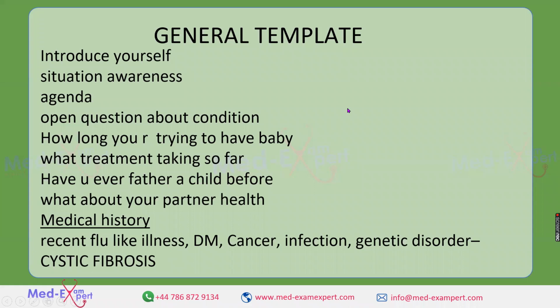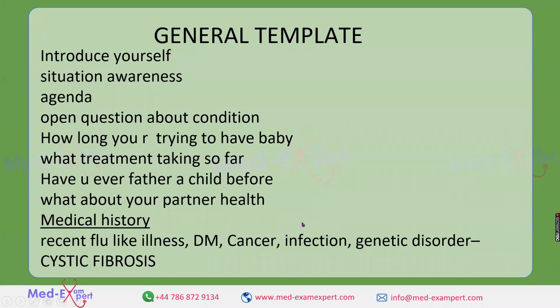If the data points toward diabetes mellitus, then you can ask separately, do you have any other medical condition like diabetes mellitus? If the data points toward recent infection, such as a flu-like illness, then you can ask about this. If the data provides a karyotype, then you can confirm this.